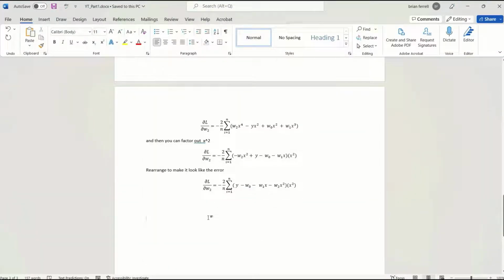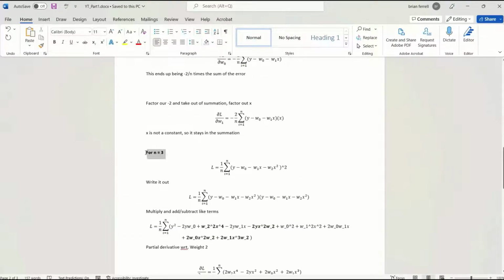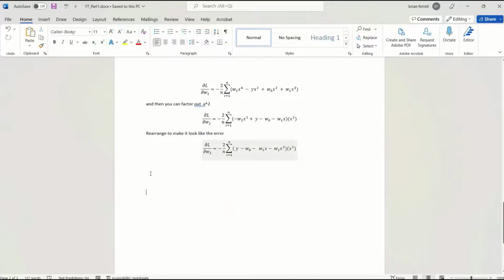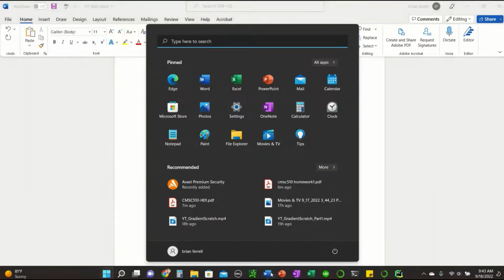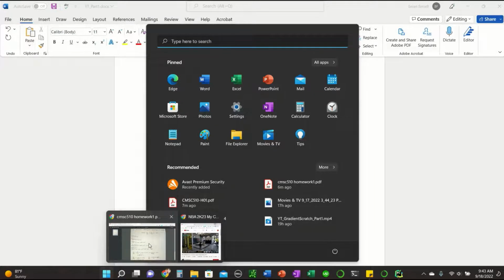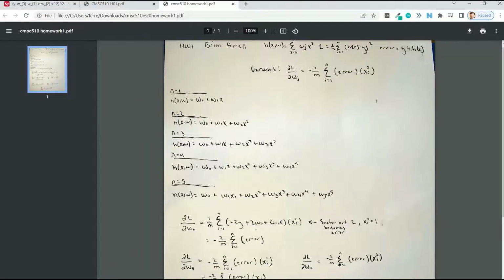So I figured we can try it for another model, and I can show you the steps. If we have n equal to 4, let's see what that looks like. If n is equal to 4, our model looks like this. It just adds on another weight and then x to the power of 4.